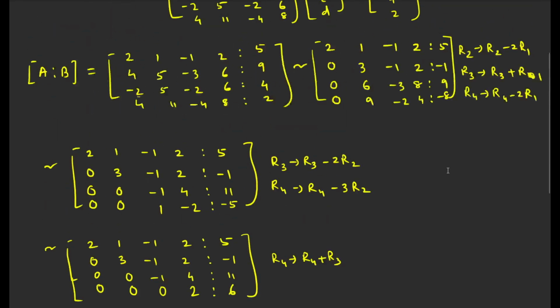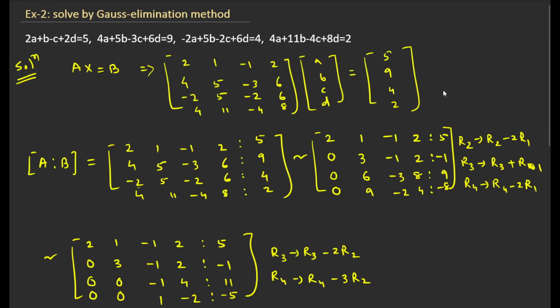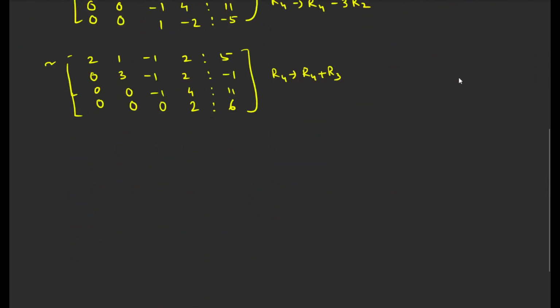Now let us call this equation number 1. So in equation 1, what we'll do now, in place of A we'll put this portion. So it is our 2 1 minus 1 2, 0 3 minus 1 2, 0 0 minus 1 4, 0 0 0, and then 2.